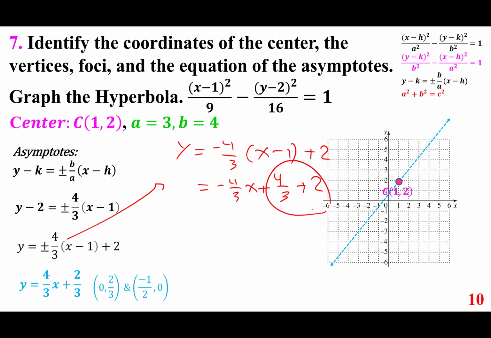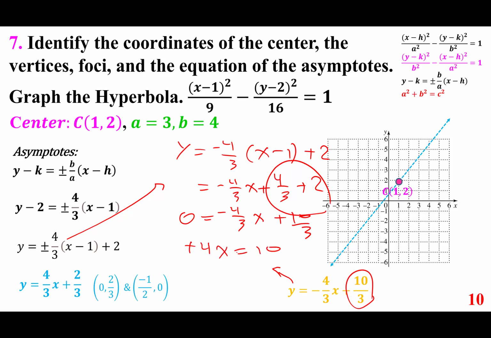They add up to 10/3 because 2 is 6/3. And so obviously, this is the y-intercept, 0, 10/3. Now, if you set y equal to 0, 0 equals minus 4/3 x plus 10/3. Obviously, minus 4x becomes plus 4x equals 10. Drop the 3, and x becomes 5/2.